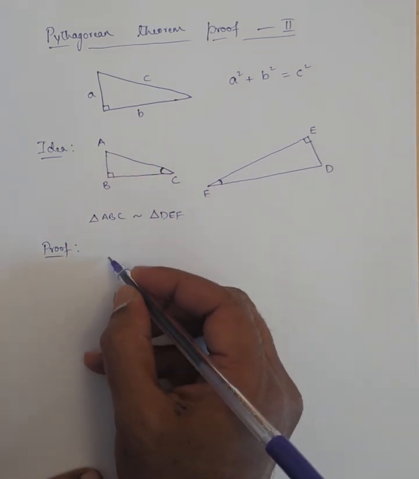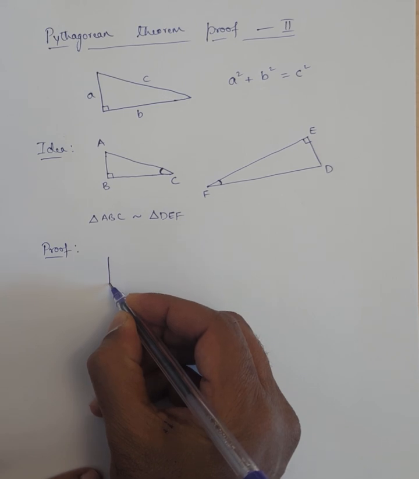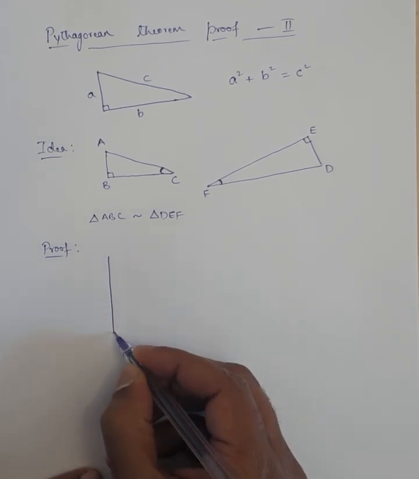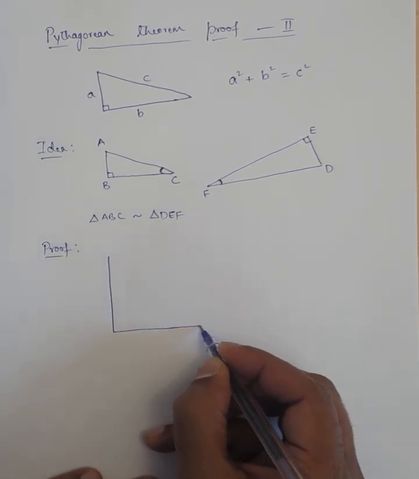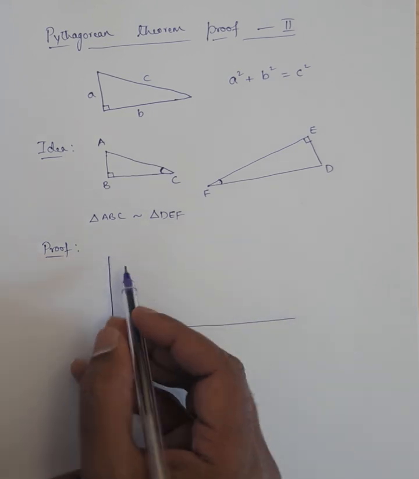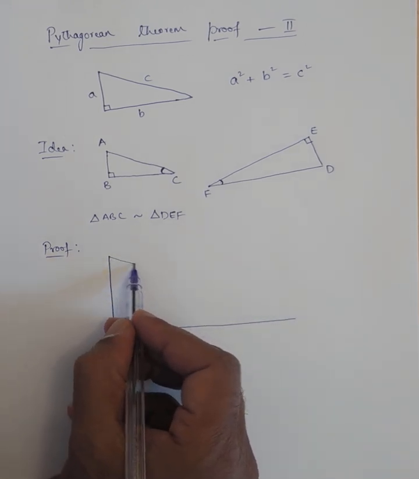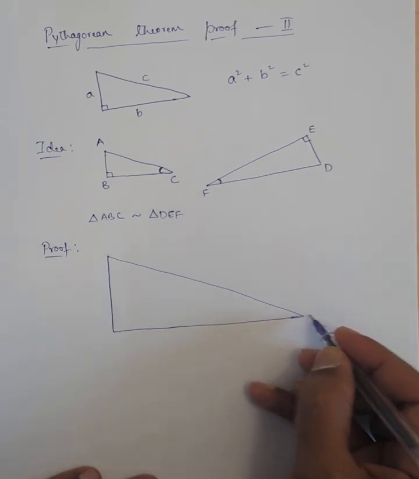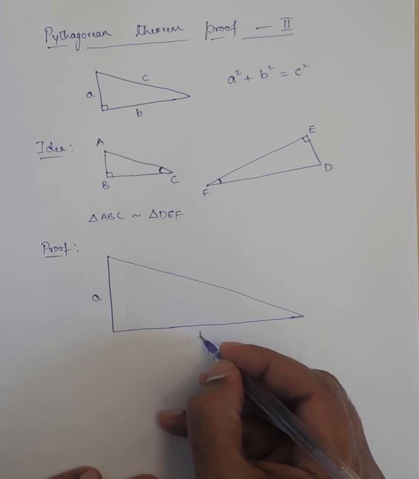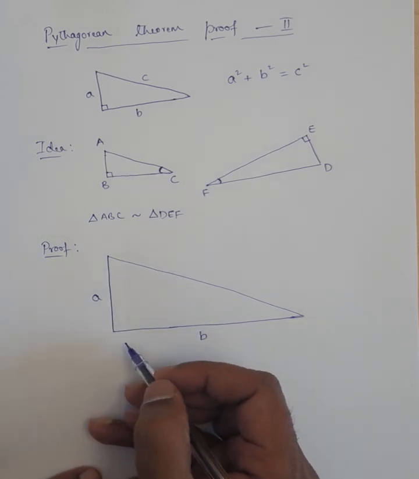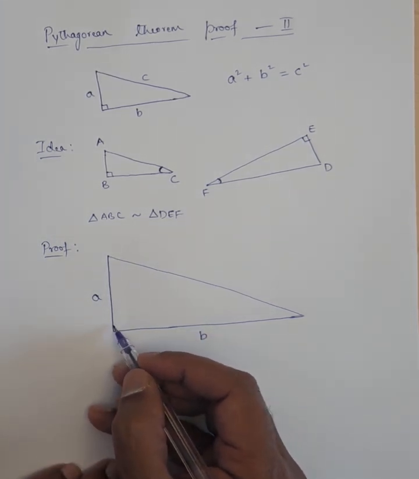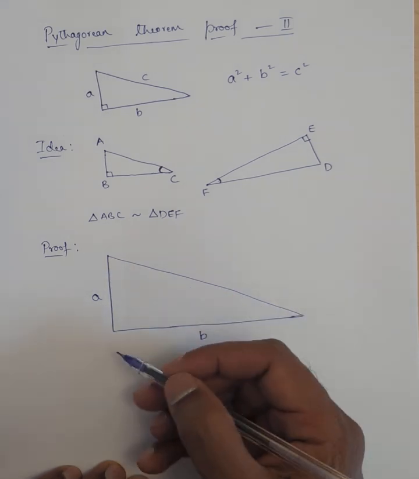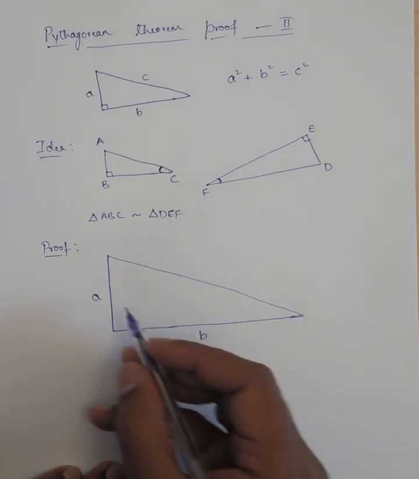So what I'm going to do is draw a right triangle and label the legs a and b. So this is a right angle, but I'm not going to write that because I intend to split it. Now, let's also label the vertices.